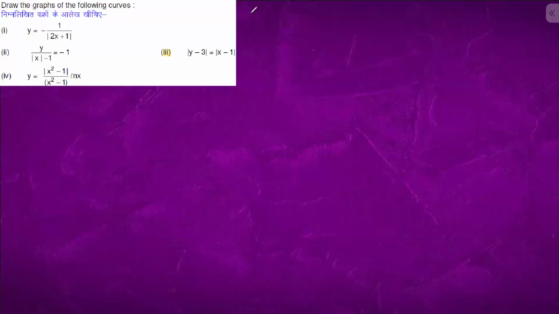Question number 1. We have y equals to minus 1 upon |2x plus 1|. So we'll find the critical point, which is x equals to minus 1 by 2.